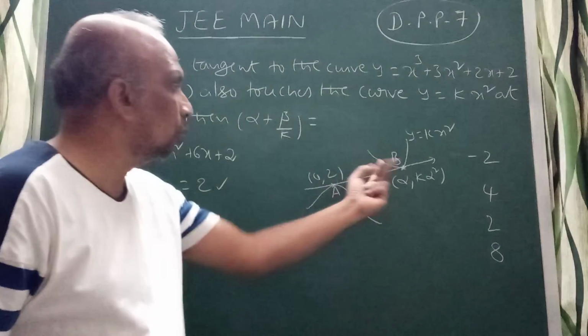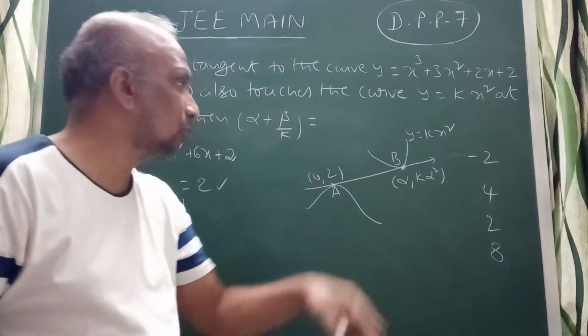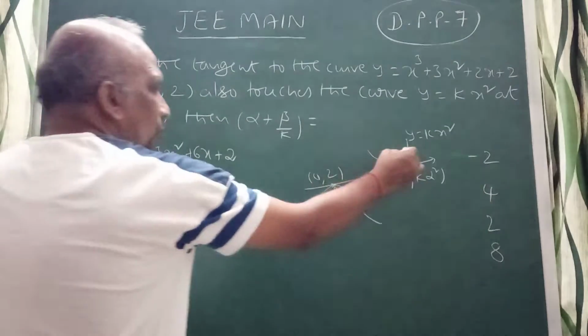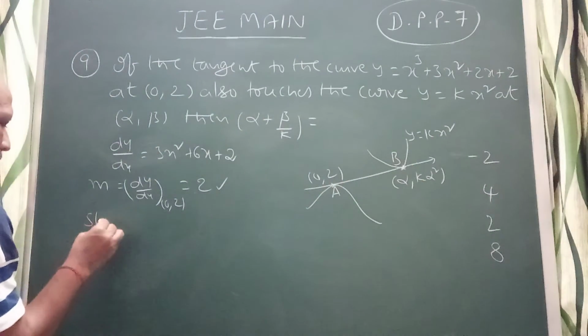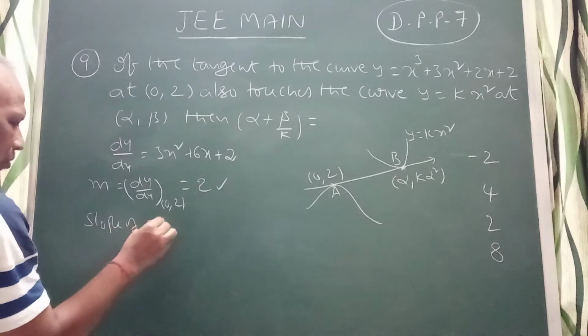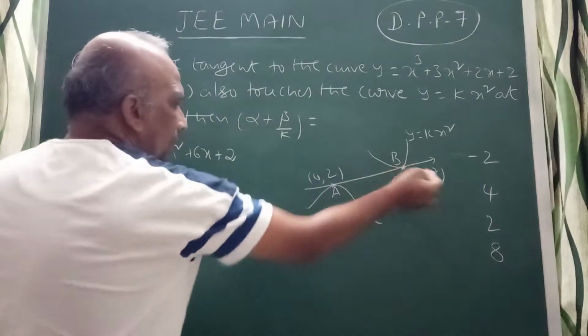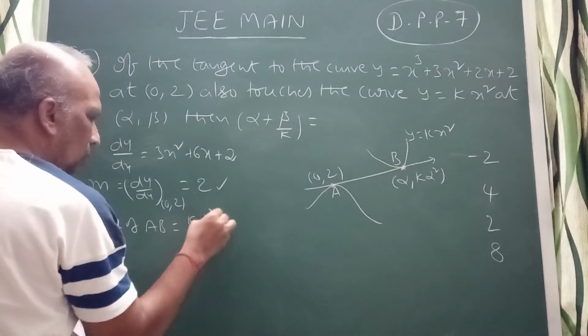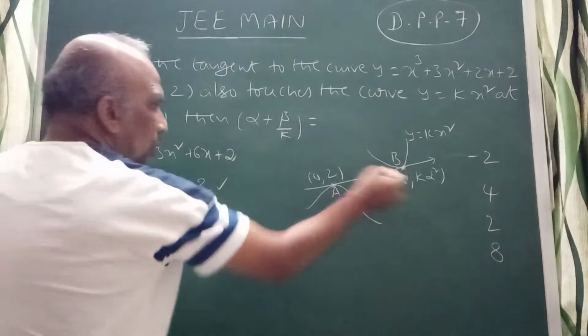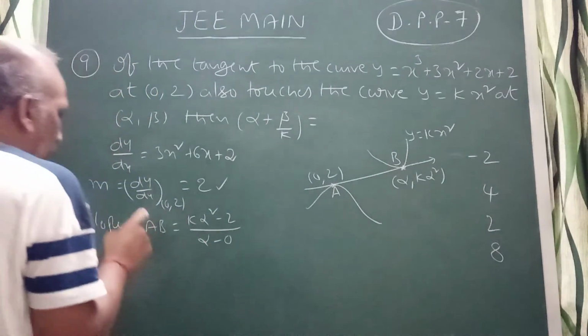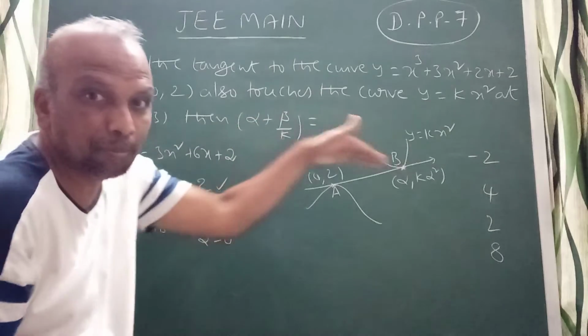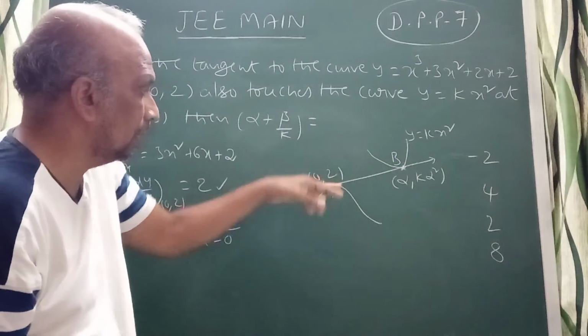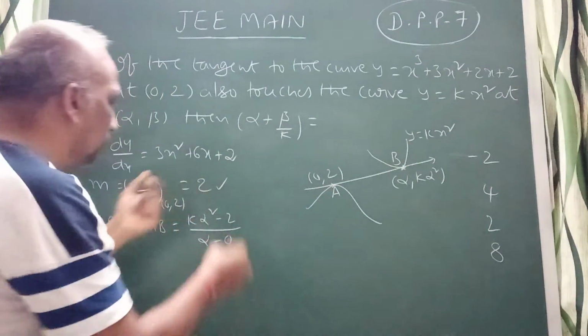We know two points on the tangent, so you take the slope of AB. What is the slope of AB? It is k alpha square minus 2 over alpha minus 0. The slope of AB is the same as the slope of the line at A, which is equal to 2.